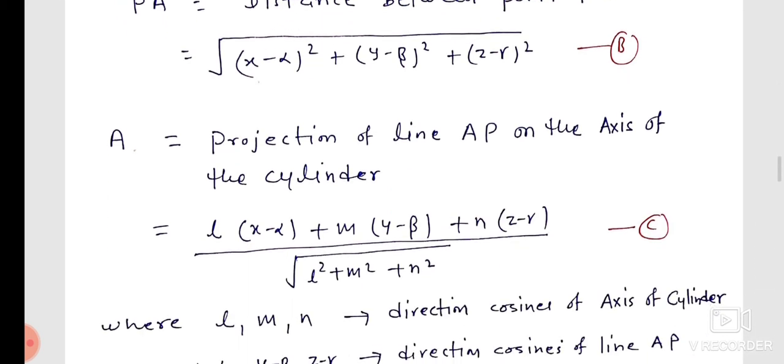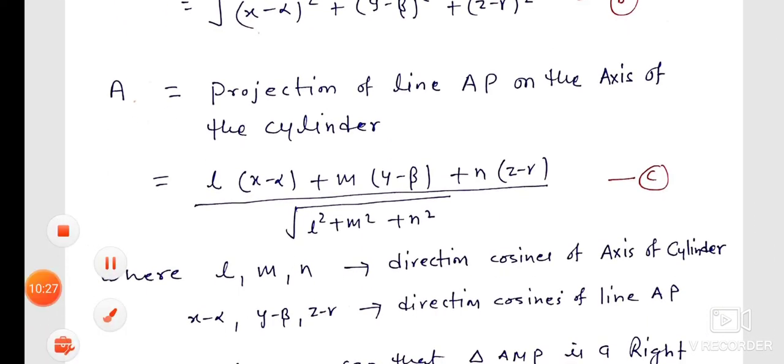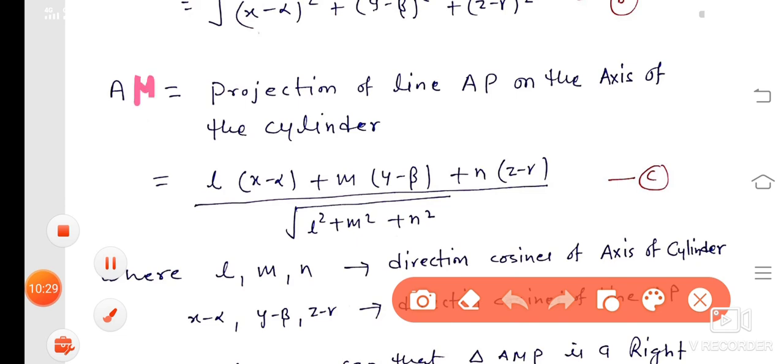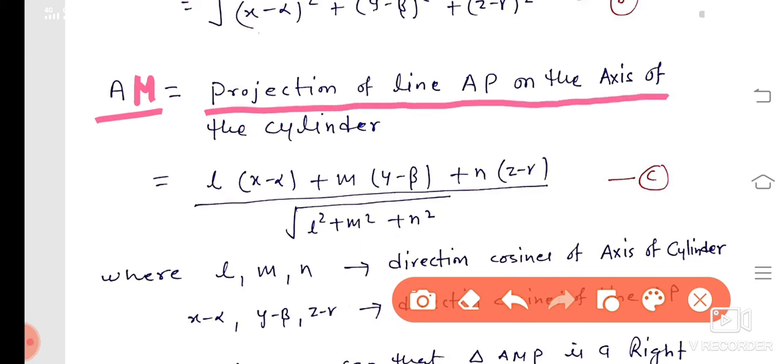Now we want to find AM with the help of the projection formula. This is AM, so also correct it in the PDF notes. This is AM, the projection of line AP on the axis of the cylinder. So L, M, N are the direction cosines of the axis of the cylinder, and x minus alpha, y minus beta, z minus gamma are the direction cosines of the line AP.